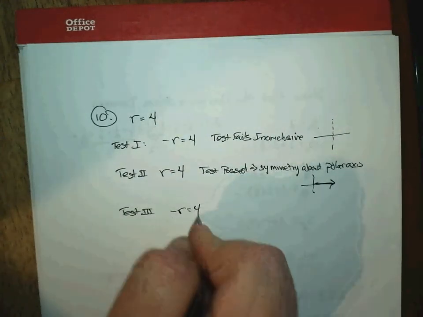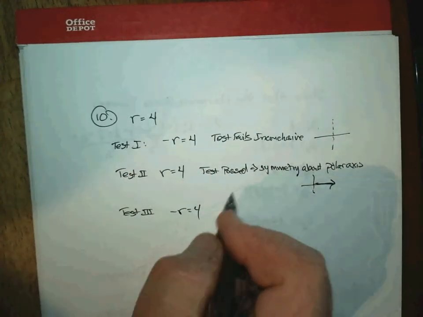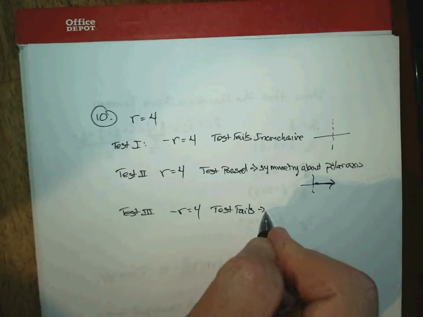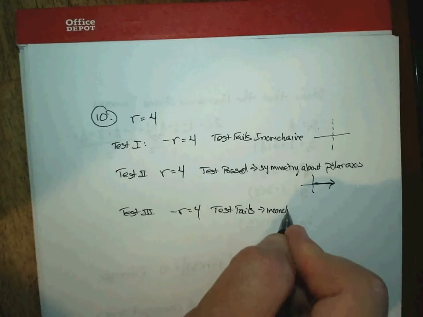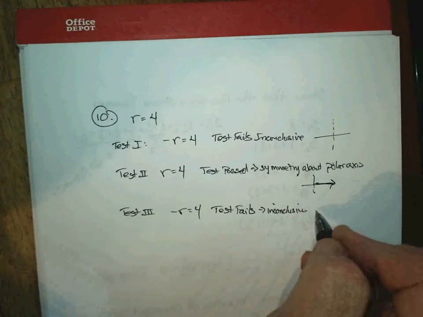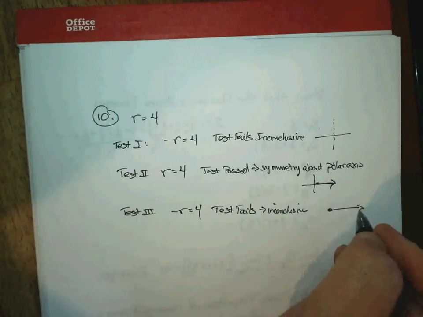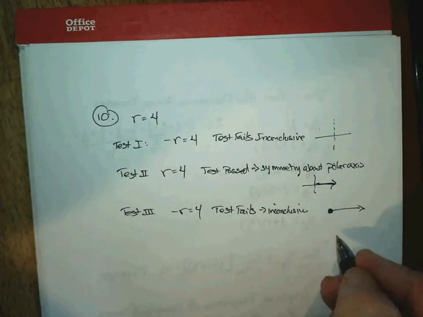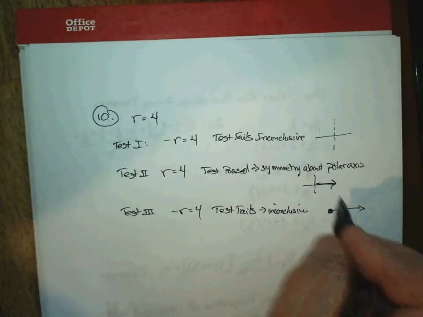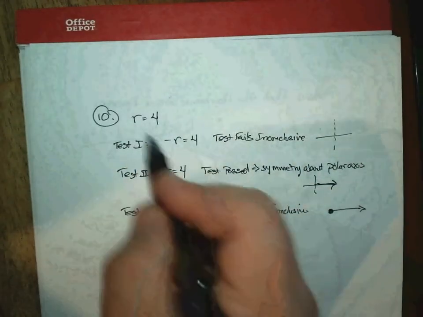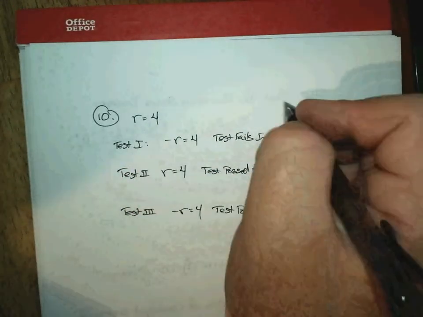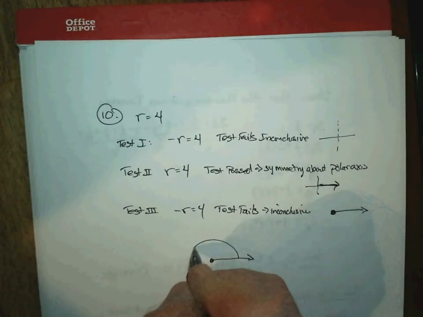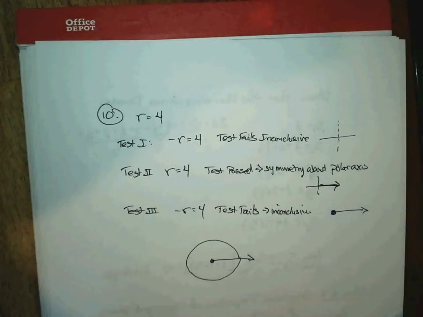You replace the r with negative r. That looks just like test 1 in application, so the test fails. I don't know if we have symmetry about the origin or not. So there's your polar axis, there's your pole. Do we have symmetry about the pole or not? I don't know. Okay, but the interesting thing is we can graph this. This is extremely easy to graph. r is 4 is just a circle of radius 4.